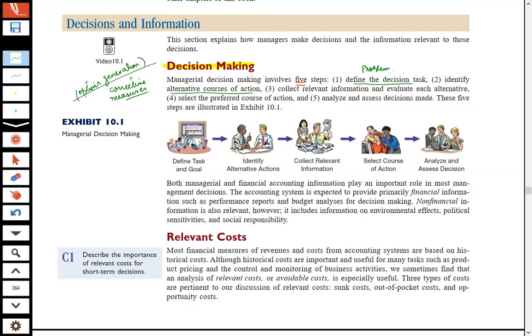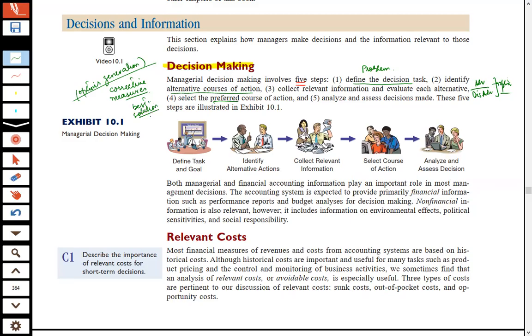Then collect relevant information and evaluate each alternative. That is, we can see the advantages or disadvantages, pros and cons of each option that we have evaluated. Then select the preferred course of action. Preferred means the best solution. They are also discussed in the meetings.